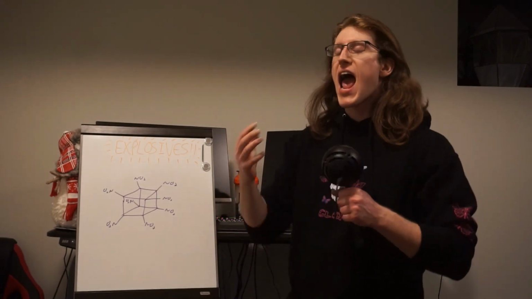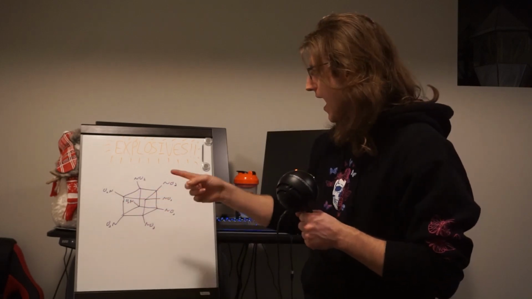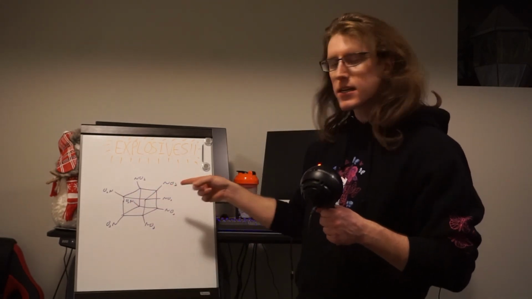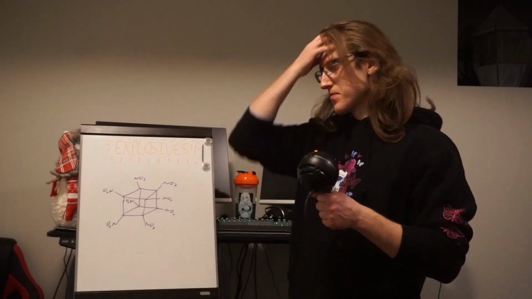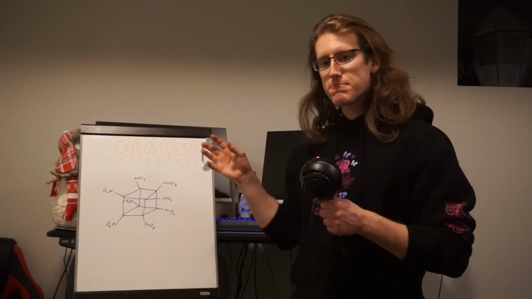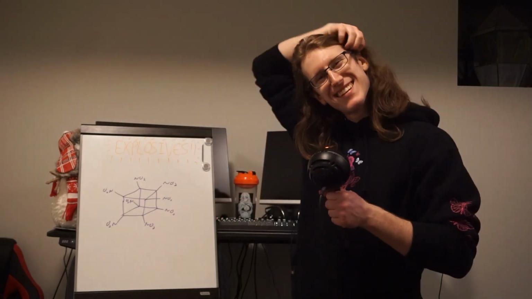Carbon hates making 90-degree bond angles. As you can see, every single carbon in this molecule is in a 90-degree bond angle. Yeah. This molecule is begging for a reason to just fly apart.